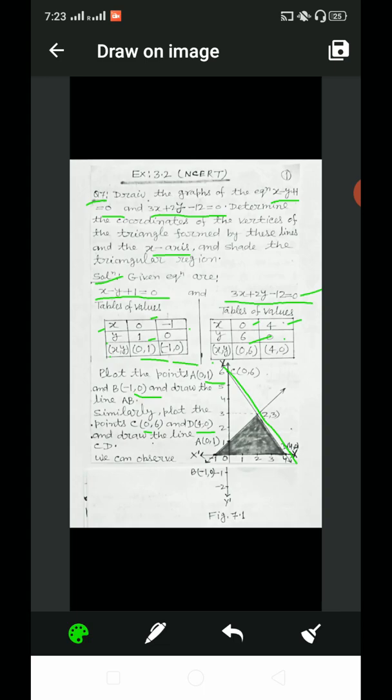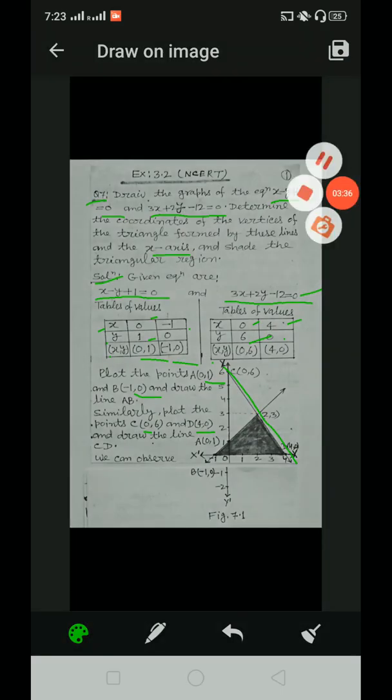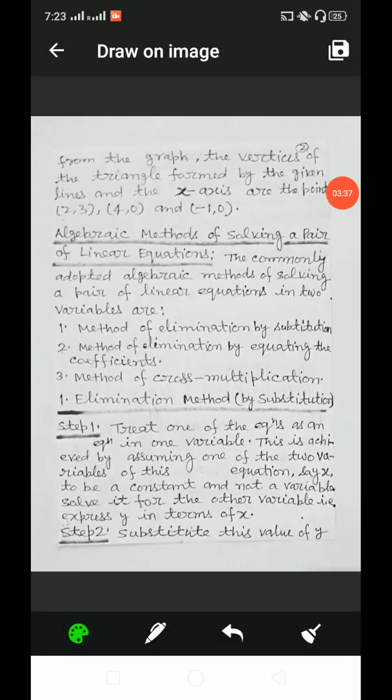Here we can observe from the graph the vertices of the triangle formed by the given lines and the x-axis are the points (2, 3), (4, 0) and (minus 1, 0).